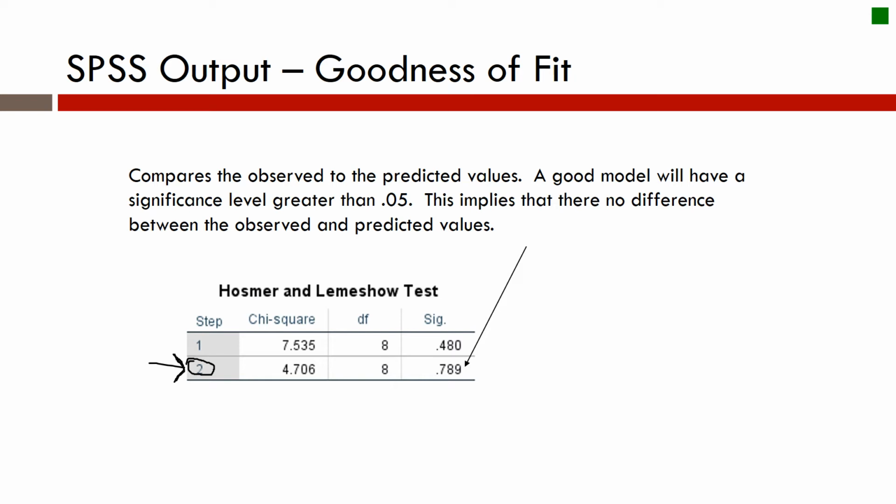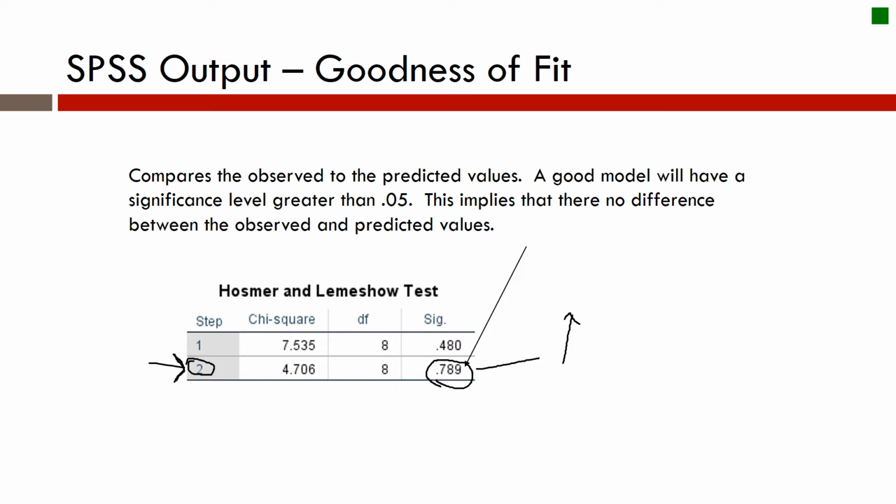If there's a significant difference between the base model, which would have no independent variables in it, and the new model, which includes independent variables, then this will be above 0.05. So this is a reverse indicator of significance. We want something above 0.05 in this case to indicate that this model is significantly different than another.